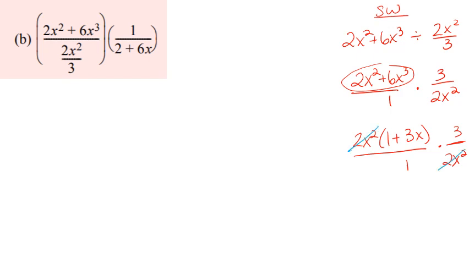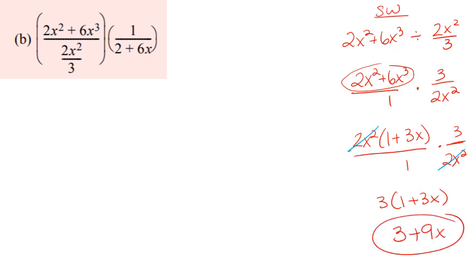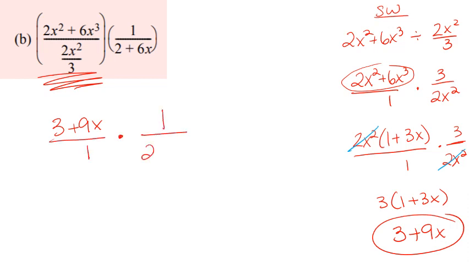And then what I'm left with is a 3 parentheses 1 plus 3x, which is, I'm going to distribute the 3. 3 times 1 is 3. 3 times 3x is 9x. So all this stuff became 3 plus 9x. And then I'm going to put this over 1. Then it says to multiply with 1 over 2 plus 6x.